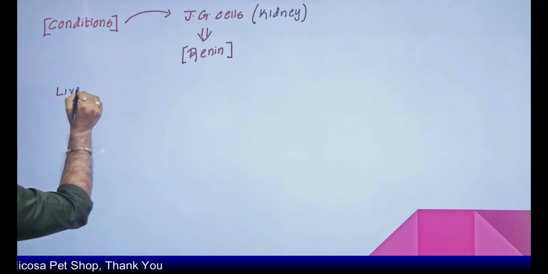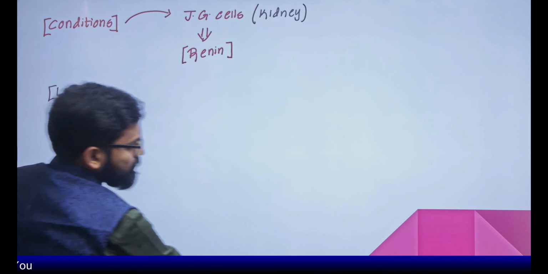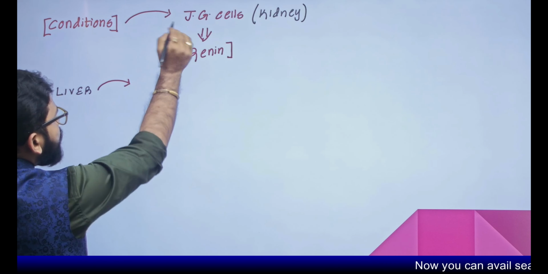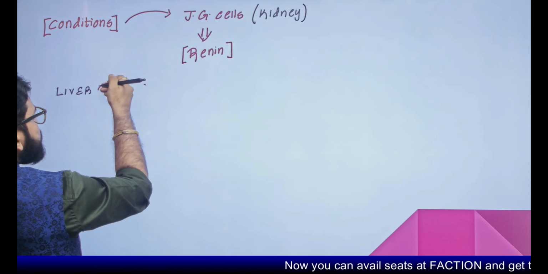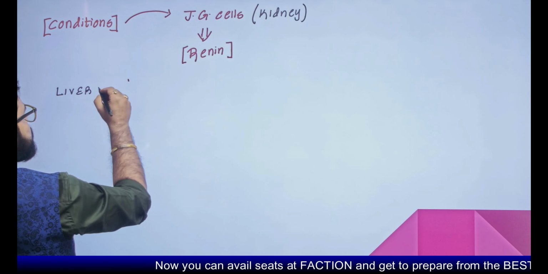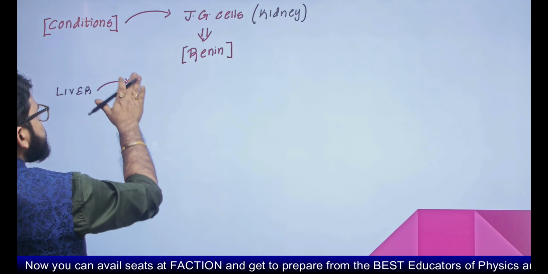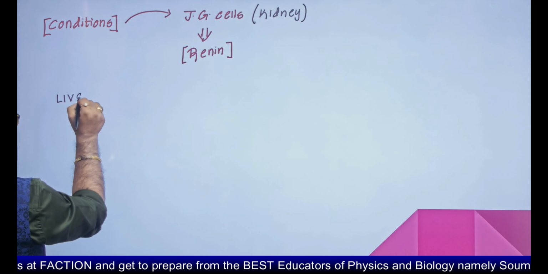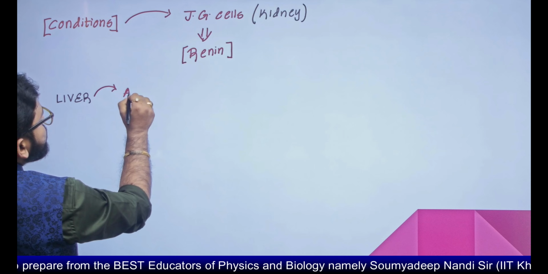Liver here releases a plasma protein. This protein is called angiotensinogen.